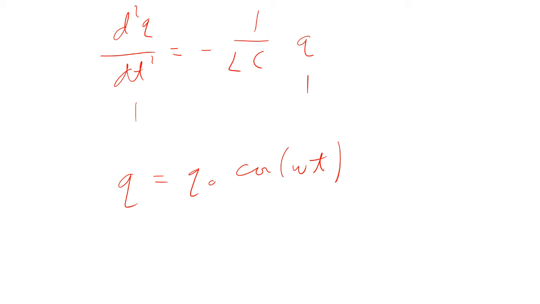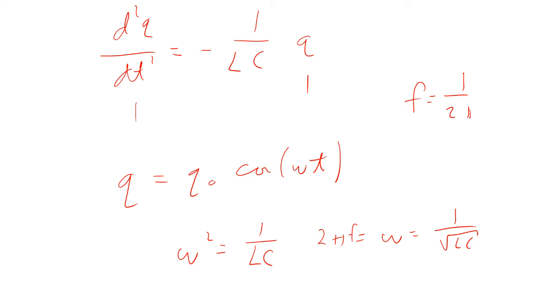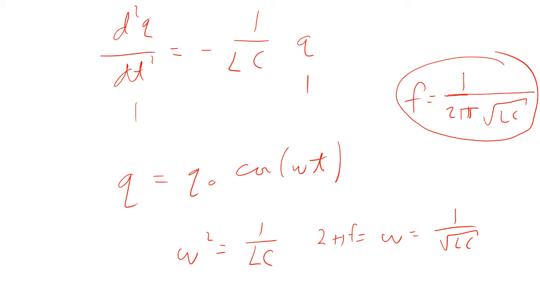If you take two derivatives of that, you have omega squared that comes out. So that would mean that omega squared equals 1 over LC, so omega equals 1 over square root LC. Omega is 2 pi f, so the frequency of the oscillation is going to be 1 over 2 pi square root LC.